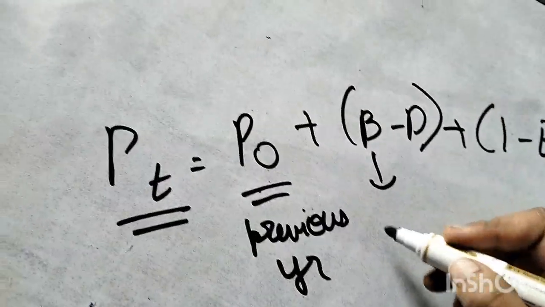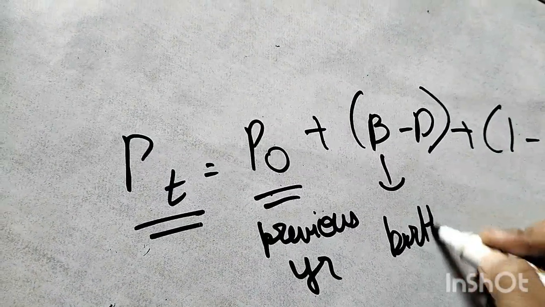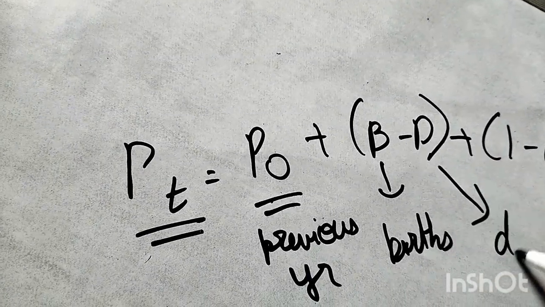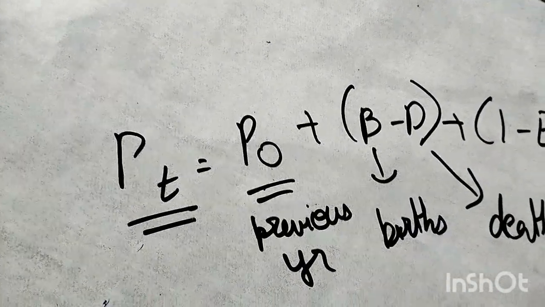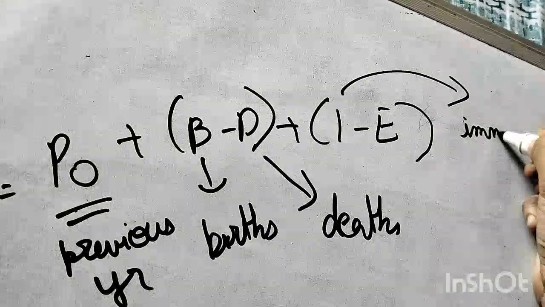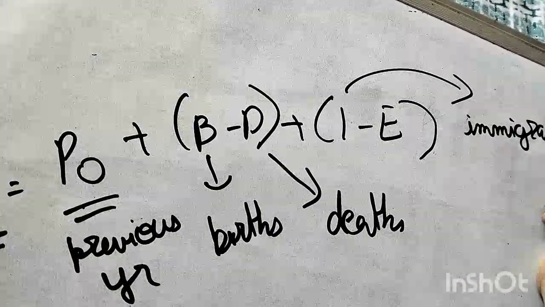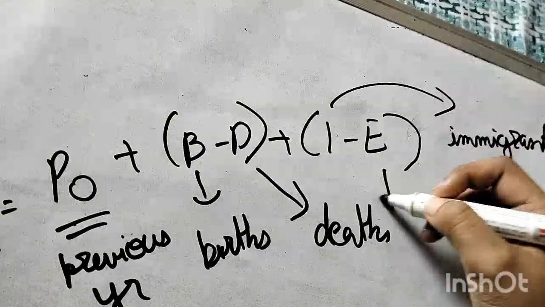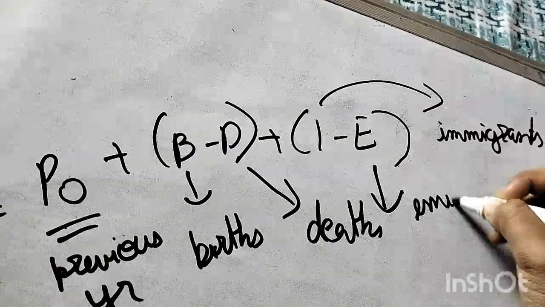B is nothing but the births. D is the deaths. I is the number of immigrants, and E is the number of emigrants.